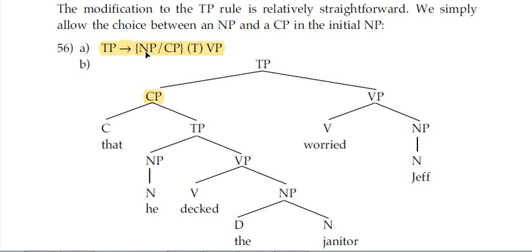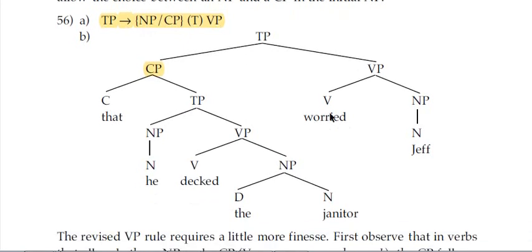Jadi bukan dia boleh ada boleh tidak ada. Dia harus ada, tapi harus ada salah satunya. So tense phrase consists of noun phrase or complementizer phrase and tense and verb phrase. It's just like that.